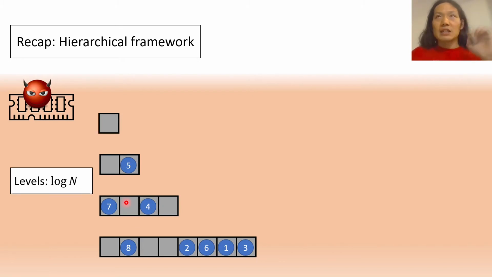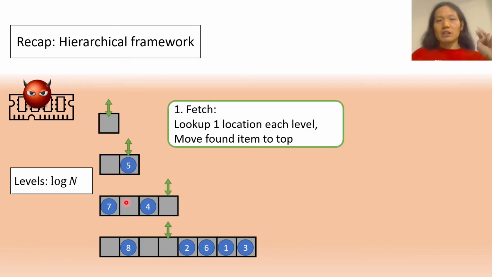To access a desired element, the framework goes with two phases. The first phase is called fetch. We assume we already know the location of our desired element, but we touch one location per level to reach the desired element, and then we move the desired element to the top level of this hierarchy.